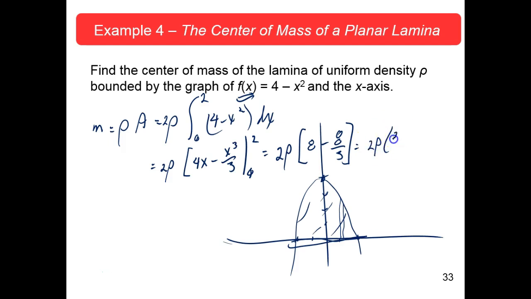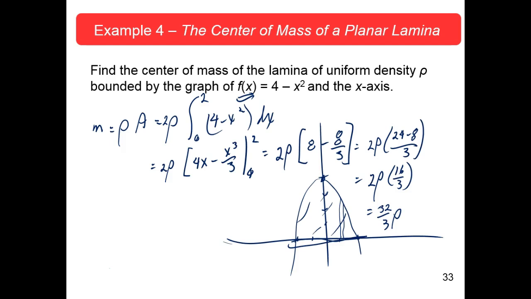Oh, okay, I got it. 24 minus 8 over 3. Is that what you're saying? Yeah. And that would be 2 rho times 16 thirds, which would be 32 thirds rho. Yay. All right. Did too much of that Saturday.